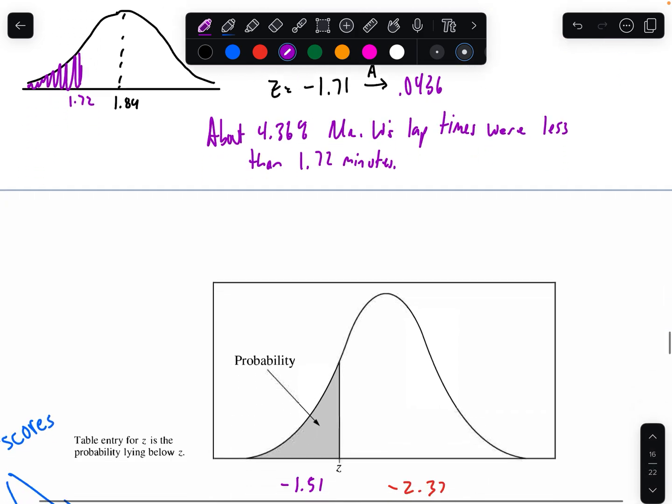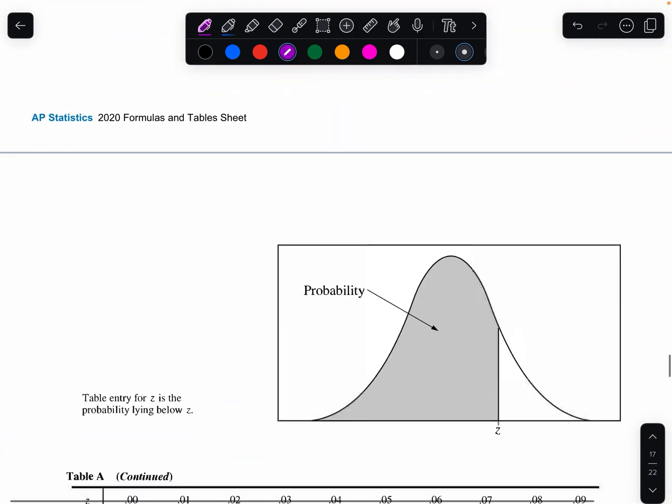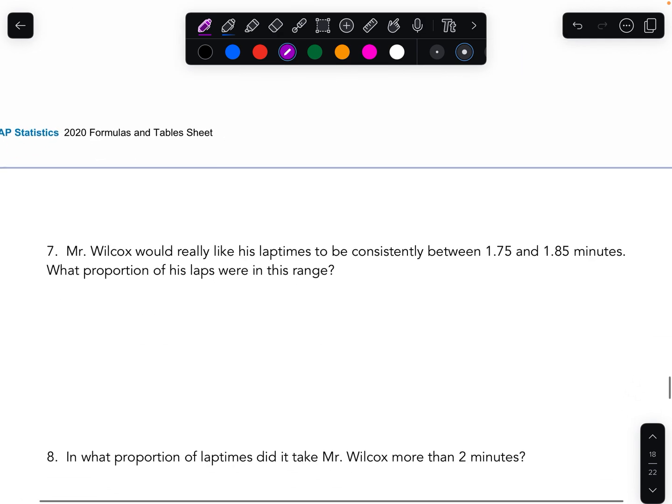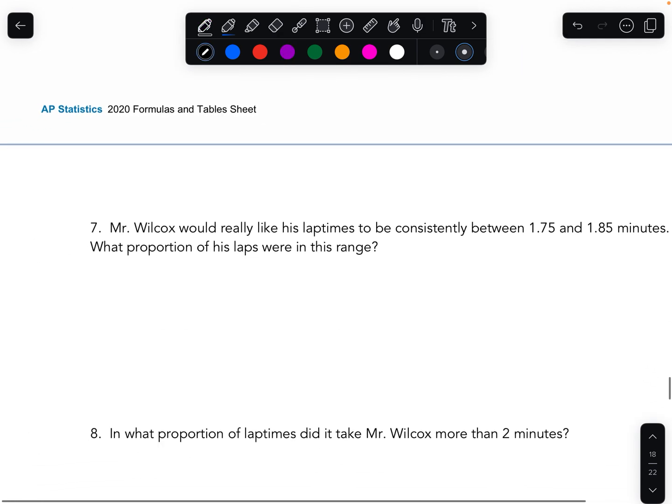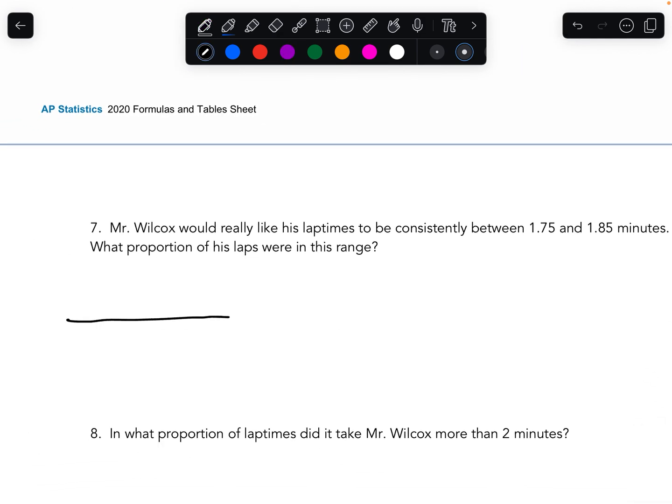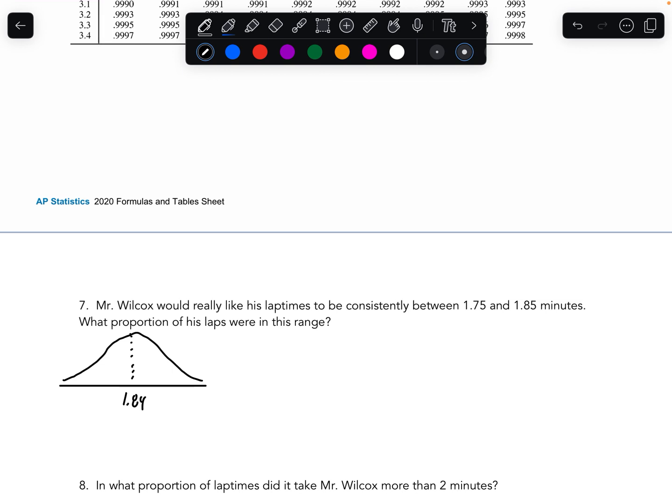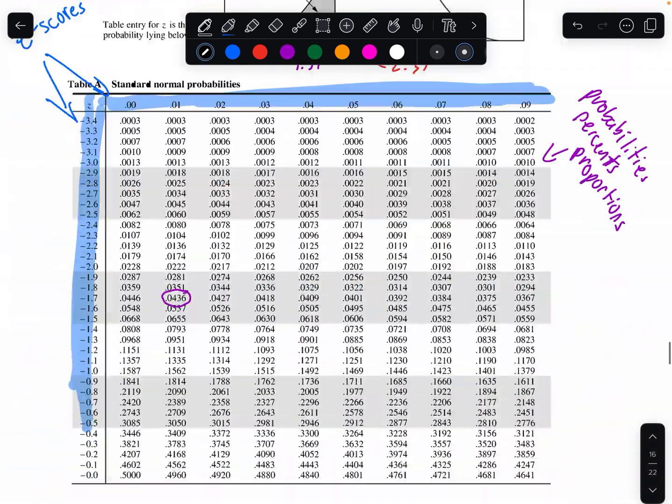All right. Let's see the next one here. Quick little picture. So 1.84, is that what it was? I forgot already. Sorry. Yep, 1.84.